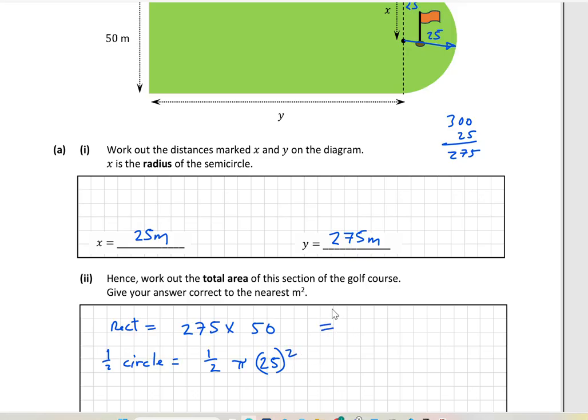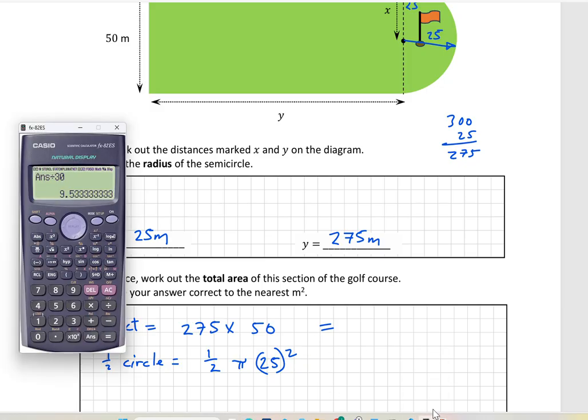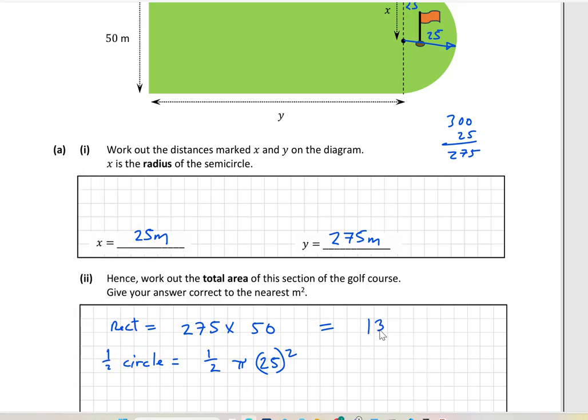Okay, so let's work it out. It's half because pi r squared is a full circle. So this will be 275 multiplied by 50. So that's 13,750.